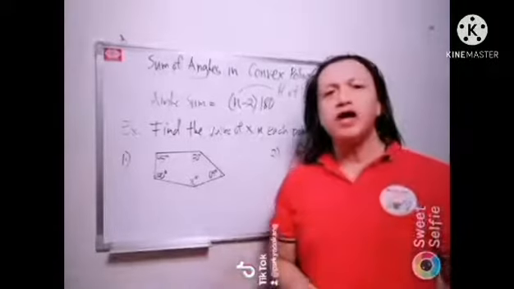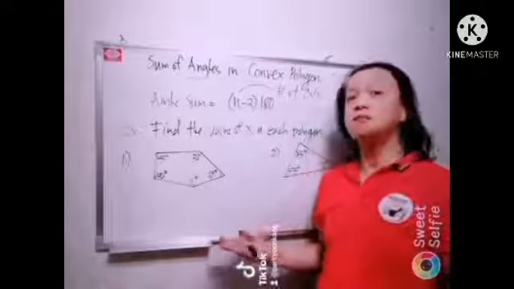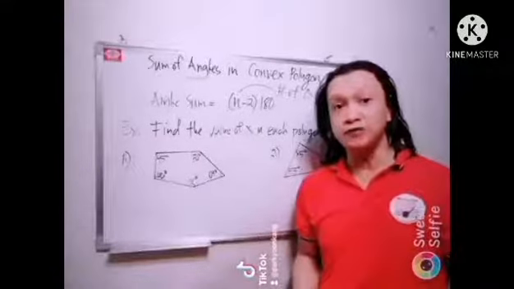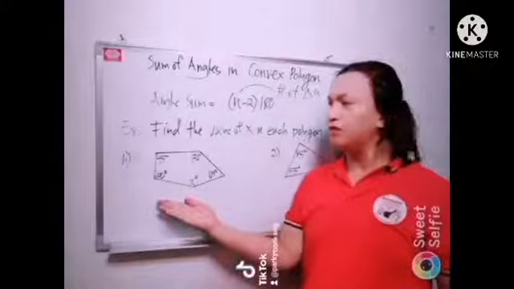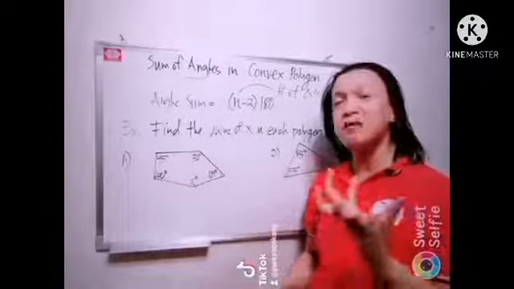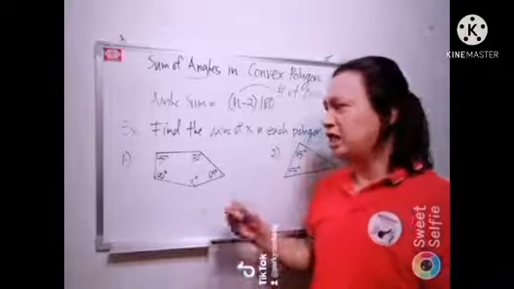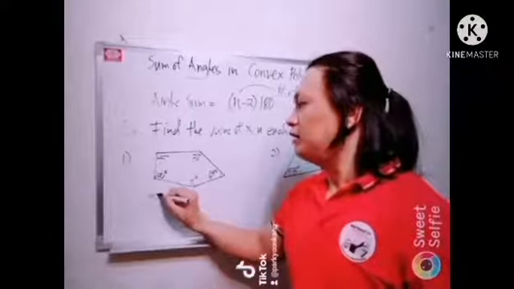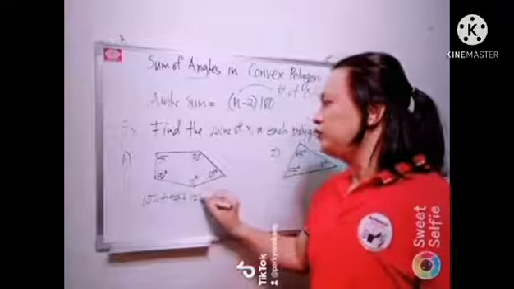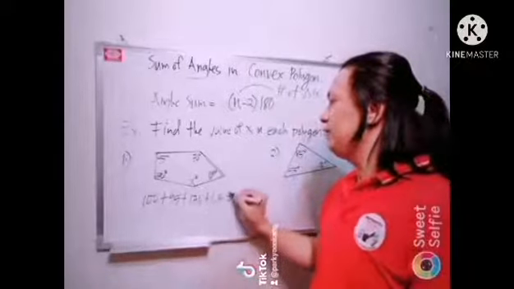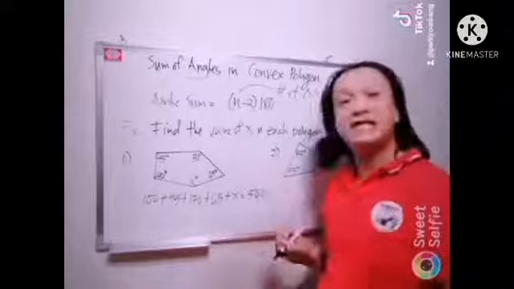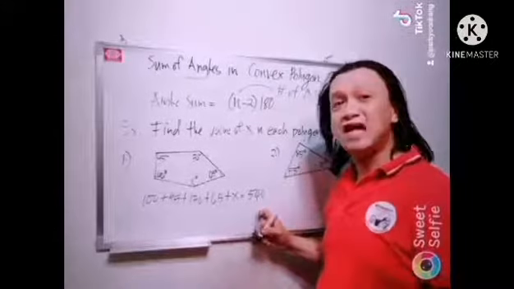How about if you are going to find the unknown angle in each polygon? Kailangan natin alamin yung kanilang sum of interior angles first. Since number 1 here is a pentagon, that means 540 degrees, ang kanyang sum of interior angles. So our equation would be 100 plus 95 plus 130 plus 65 plus x equals 540 degrees. Ito yung sum natin ng interior angles ng isang pentagon.